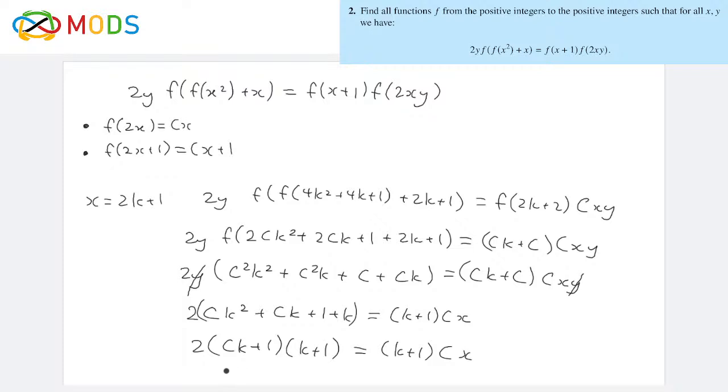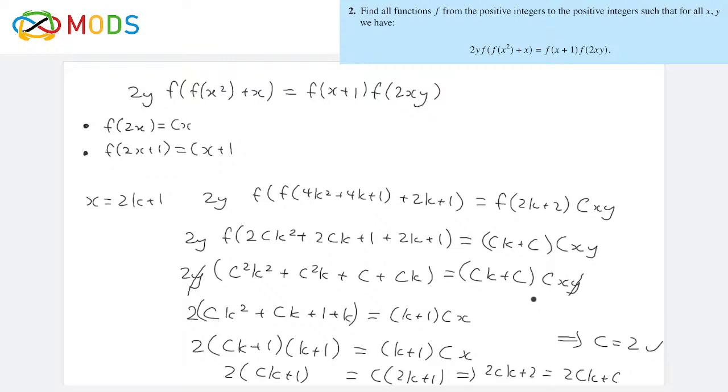And so the k plus 1 cancels out, and you just get 2 times ck plus 1 equals cx. You expand x. Yeah, so x is just 2k plus 1. This implies you get 2ck plus 2 equals 2ck plus c. Implies c equals 2. Done.